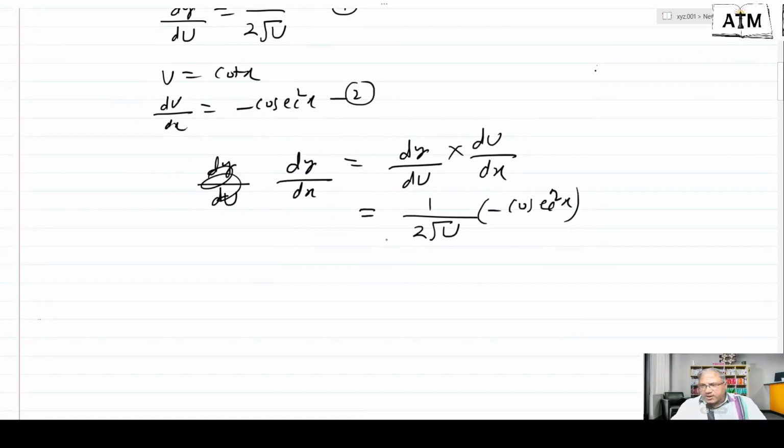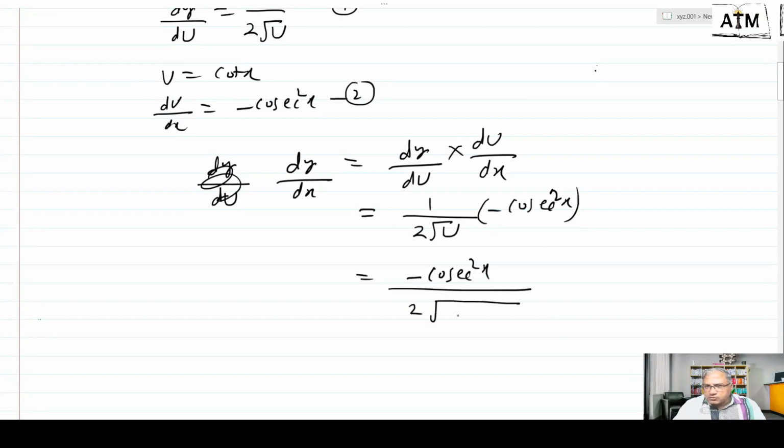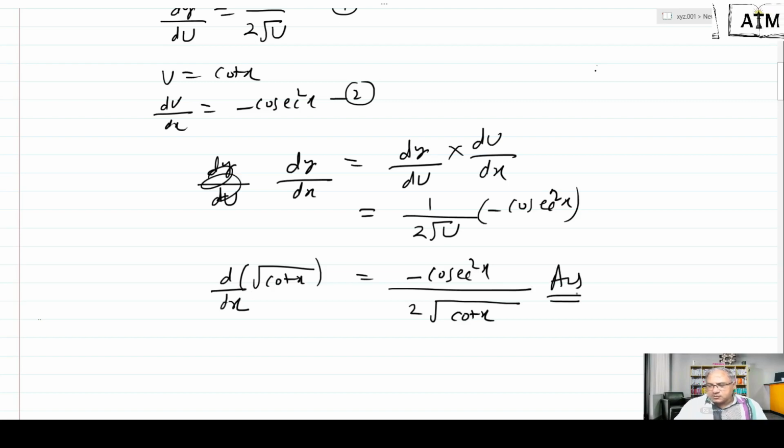So putting back the values, minus cosec square x upon 2 root cot x. This is nothing but differentiation of root cot x with respect to x. This is the answer. Now differentiation of sec x and cosec x are done in a similar way, so those are left to you.